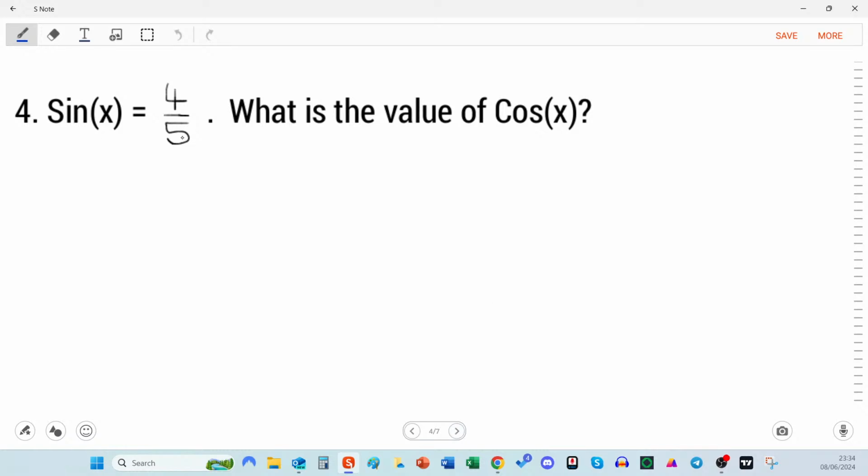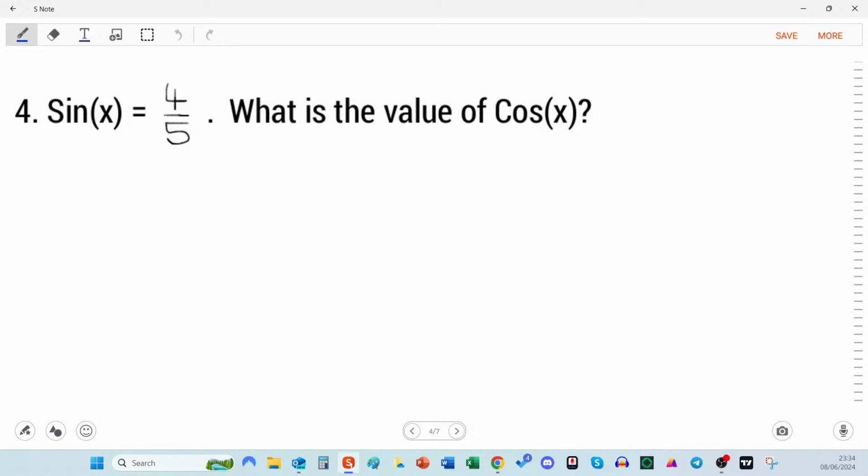Sine x is 4/5. What is the value of cosine x? Well, some of these questions I had to put in because I feel they're good questions. But I always found at your age, this question was so confusing. But let's unravel it a little bit. First of all, let's not be intimidated.